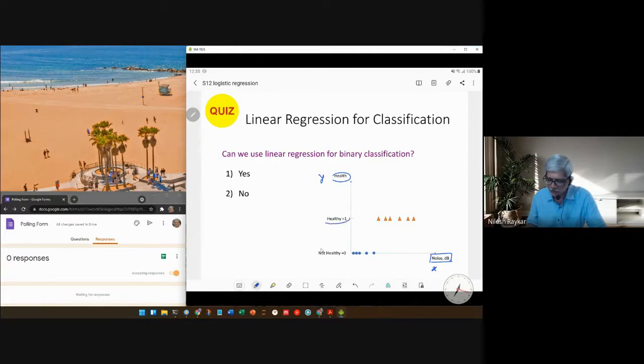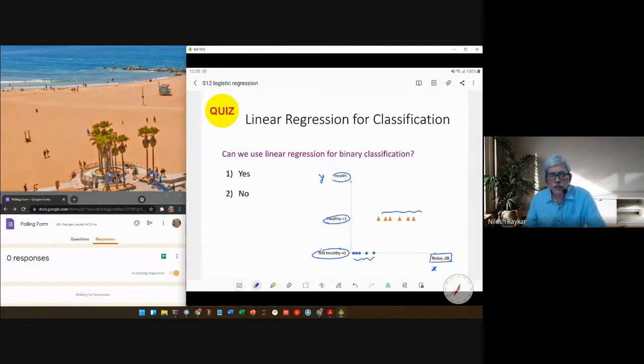It can be healthy, that is 1, or not healthy, that is 0. For a given noise level of a machine, you have collected some samples. These samples are not healthy and these samples are healthy.